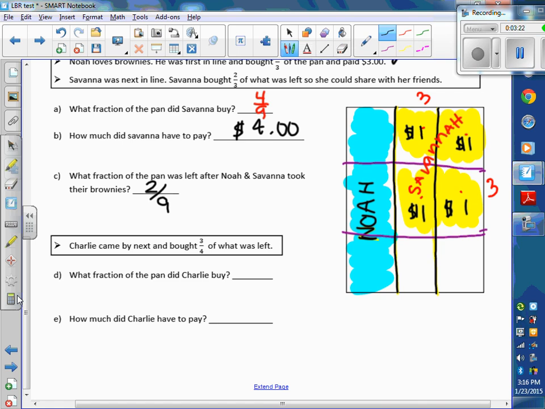So this white part is $2 worth. If you wanted to buy the rest, you'd have to spend $2. Do you see that? Because each little rectangular section turned out to be $1 because there were 9 sections.